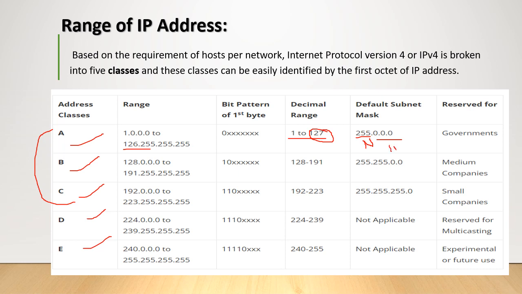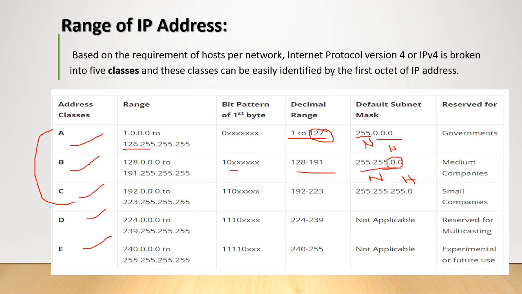In class B, the range is 128.0.0.0 to 191.255.255.255, and the first 2 bits of the first byte are set. In the subnet mask, the first 2 octets are used as network ID and the remaining 2 belong to host ID. All ones belong to the network part and all remaining zeros belong to the host part.